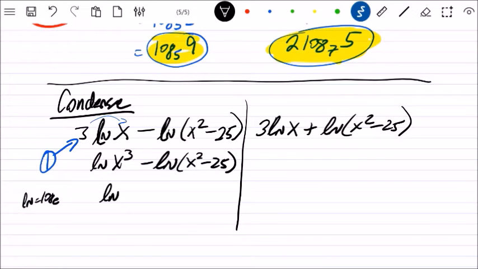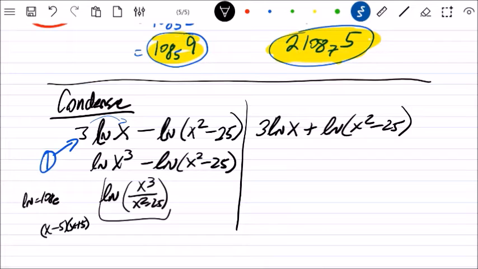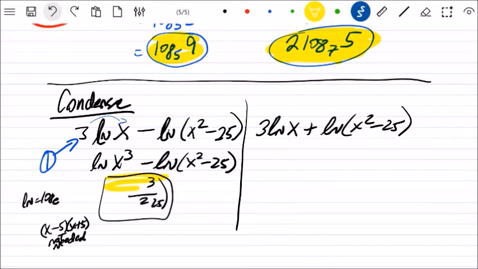That's going to be natural log of x cubed over x squared minus 25. Now we could do x minus 5 and x plus 5 in place of the x squared minus 25, but there's no need to because the x to the third doesn't go into that. So we don't need to factor that because it doesn't do any good for us. However, what I've just done is I've condensed it.